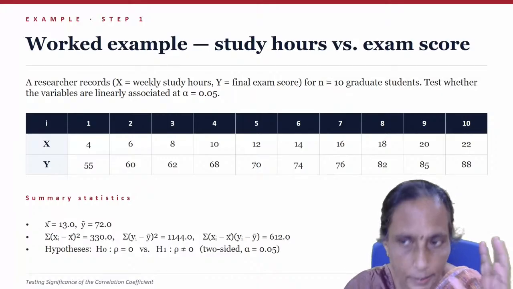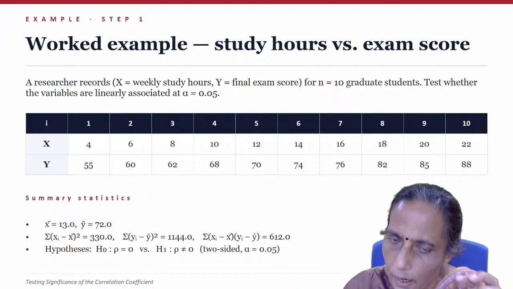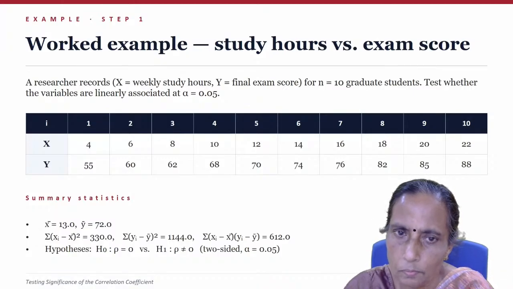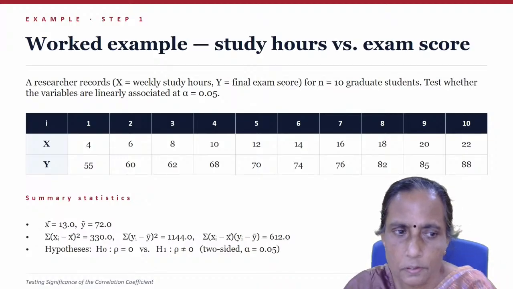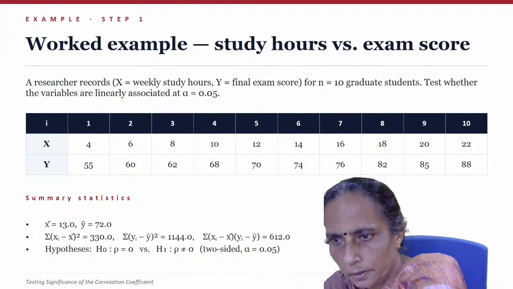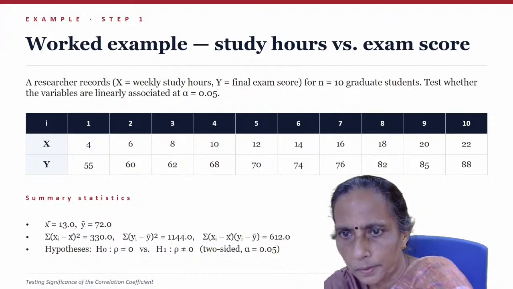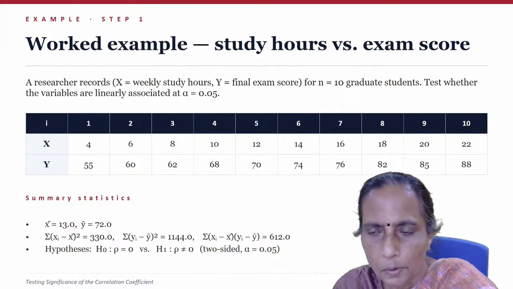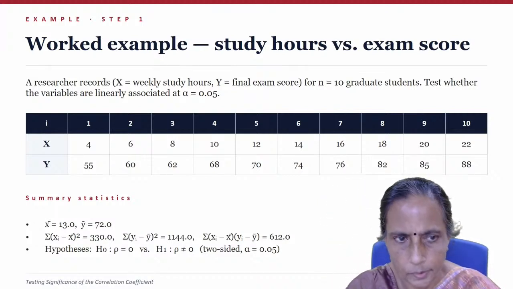Test whether the variables are linearly associated at alpha equal to 0.05, that means at the 5% level of significance. So your X is weekly study hours, Y is the final exam scores, and the number of students is 10.